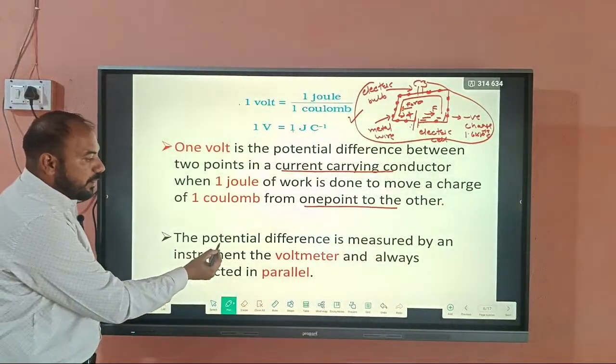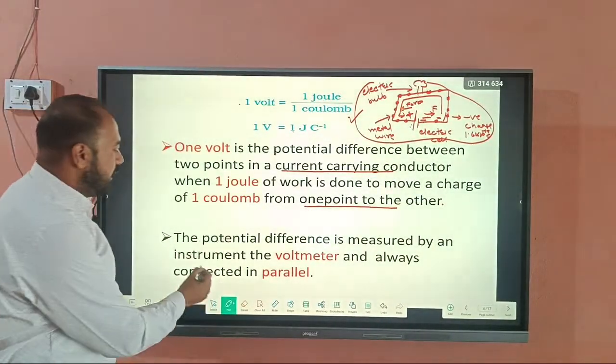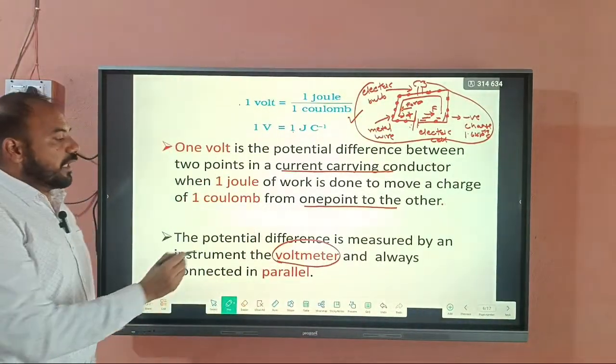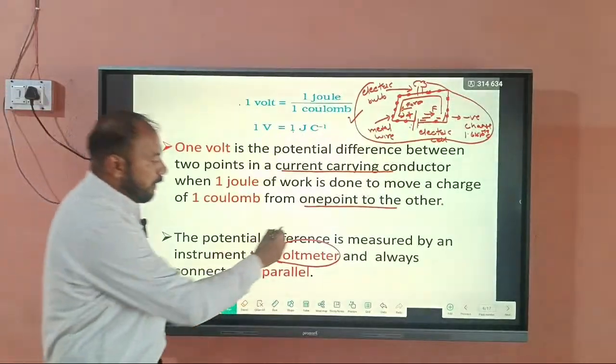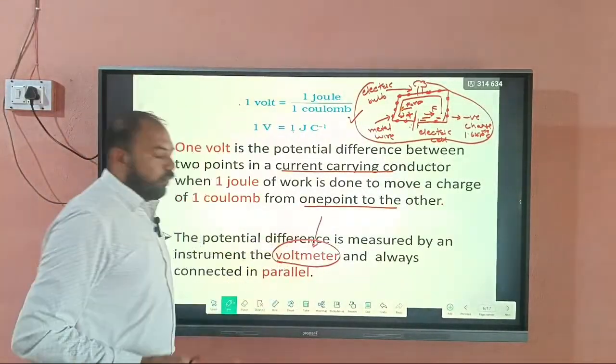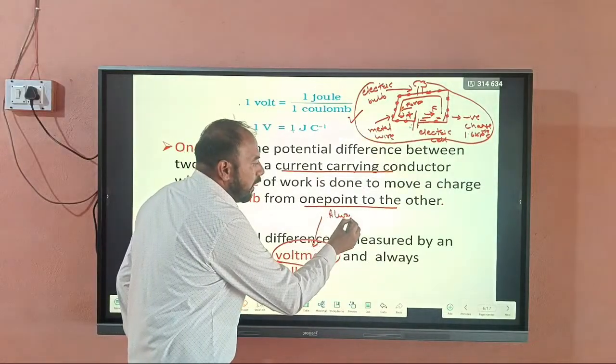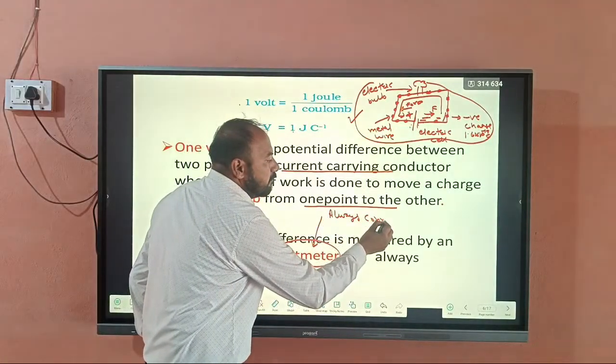Next, potential difference is measured by an instrument, the voltmeter. A voltmeter is always connected in parallel.